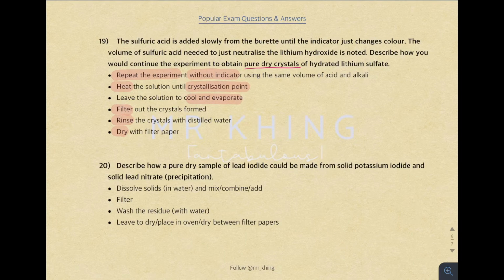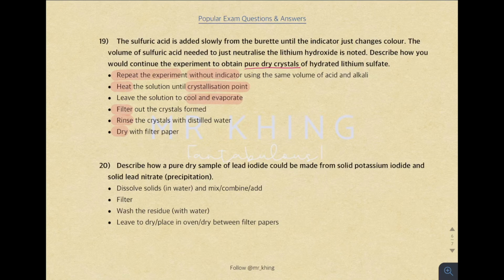Next one. Describe how a pure dry sample of lead iodide could be made from solid potassium iodide and solid lead nitrate. Remember, this is an example of a precipitation reaction. Soluble salt reacts with soluble salt to produce insoluble salt. You are given solid potassium iodide and solid lead nitrate.